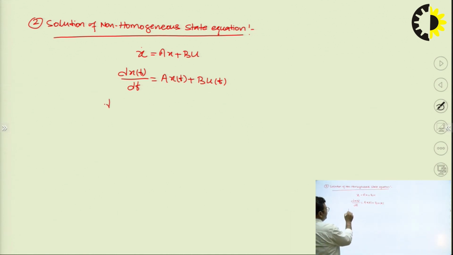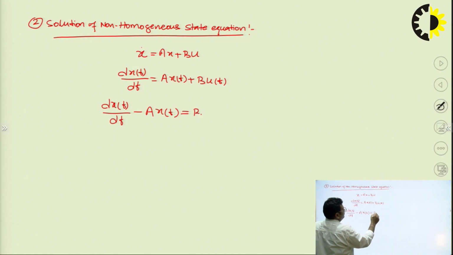I can further write it as the derivative of x(t) divided by dt minus A x(t) is equal to B u(t). Now pre-multiply this equation by e to the power minus At.